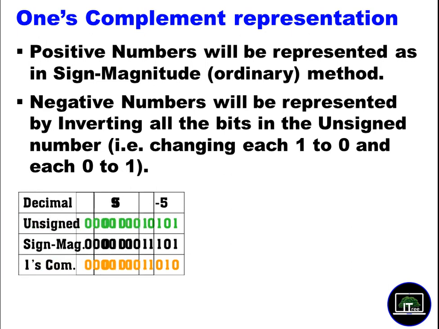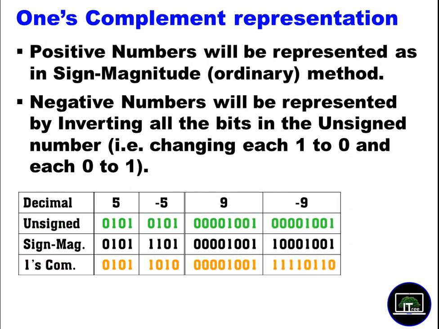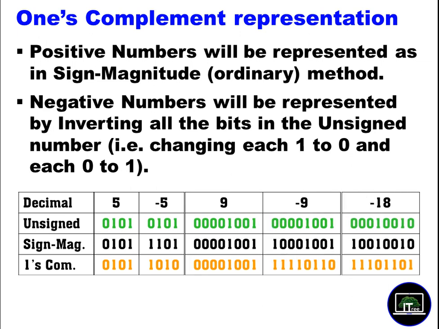Look at this one now. It's a positive 9. There are no changes. Unsigned, sign magnitude, and one's complement are the same. If you look at negative 9, how do you do it? We take the unsigned and change the bits of that. Look at this one now. You can see that, so negative always should change.